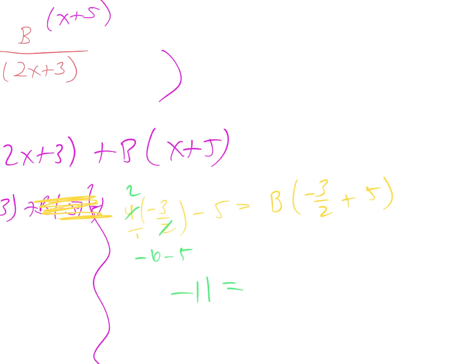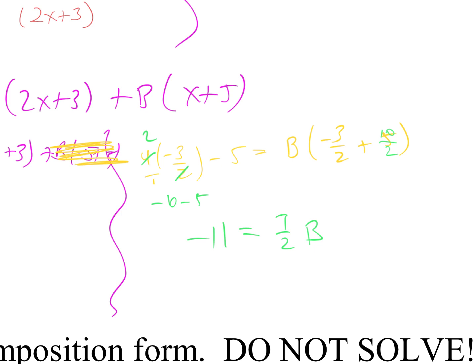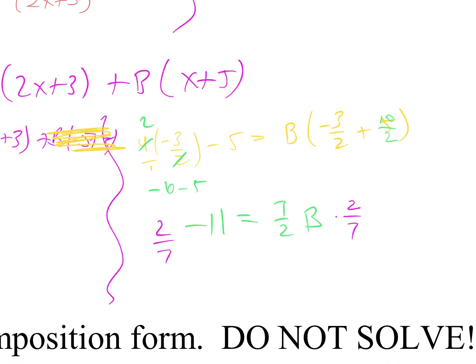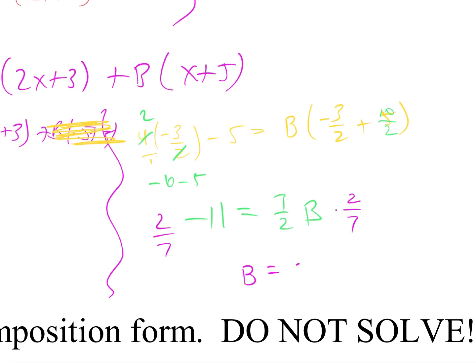If I change the whole number 5 into halves, you guys agree with me, it's 10 over 2. So this will give me 7 over 2 B. How do I get rid of that 7 over 2? All right, divide by 7 over 2 or multiply by the reciprocal, 2 over 7. So B equals negative 22 over 7.